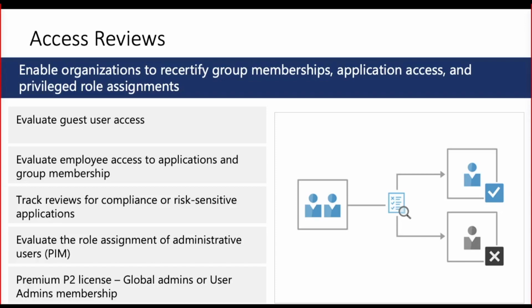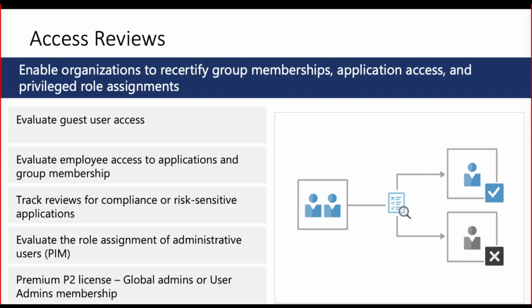This is also with the idea that no more privileges are associated, and only the least privilege idea is to be worked upon with the users. So track reviews for compliance or risk sensitive applications, and evaluate the role assignment. You must have a P2 license for this.